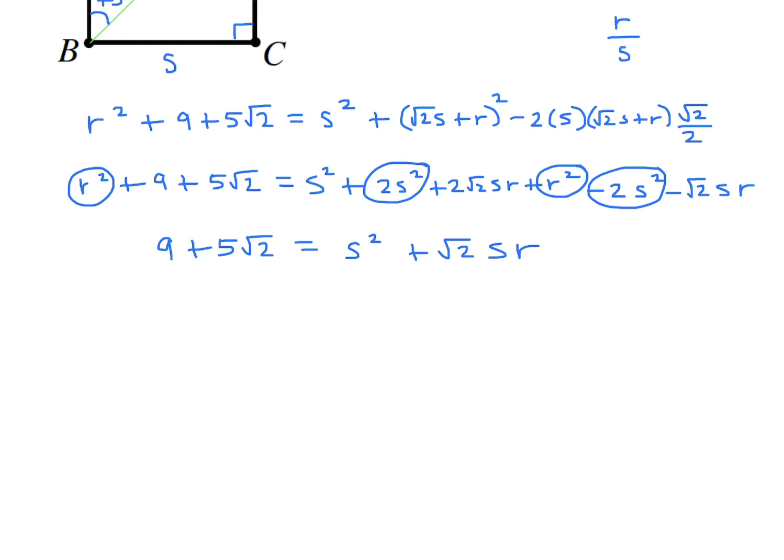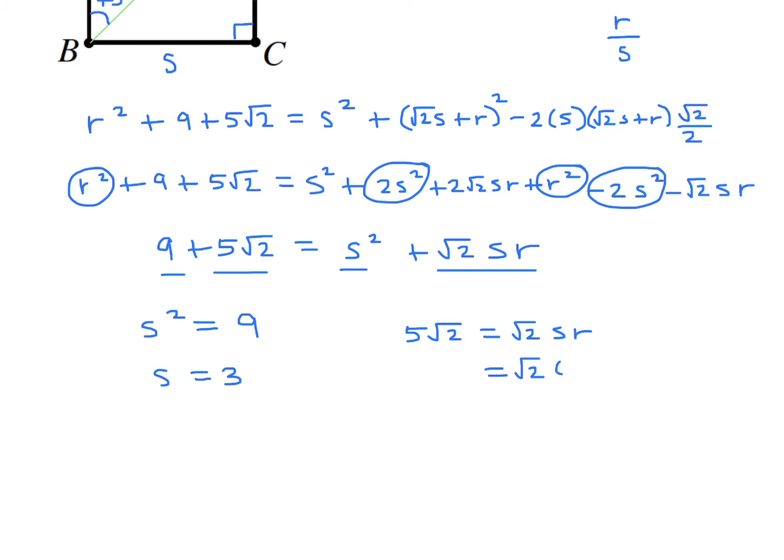Okay, now it's a little unconventional, the way we have to approach this. We just have to match terms. So S squared is equal to 9. I know they're not really used to doing that, but that's what we have to do here. So that means S is 3. And then this guy is that guy. So 5 root 2 is equal to root 2 SR. Well, S we just figured out was 3, so it becomes 5 root 2 is equal to root 2 times 3R.